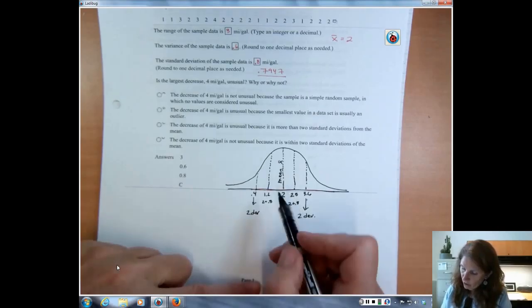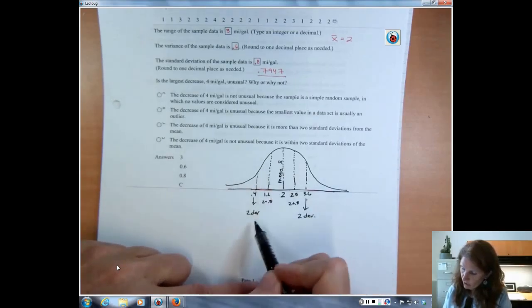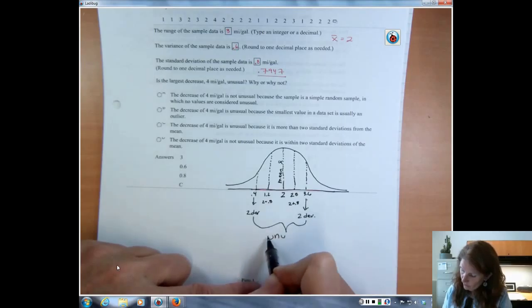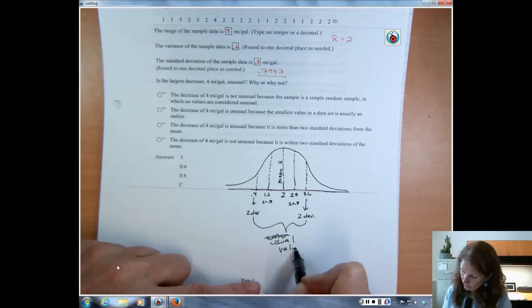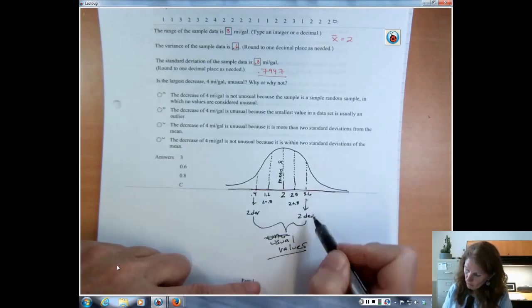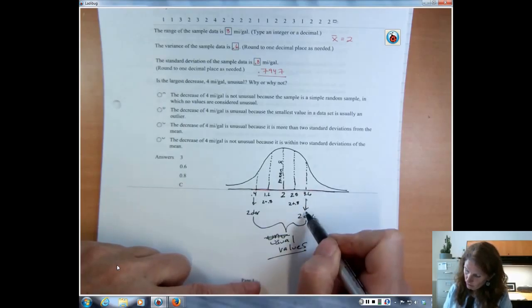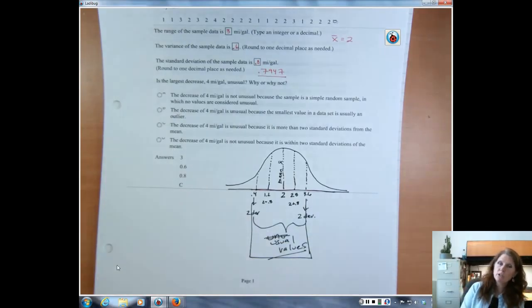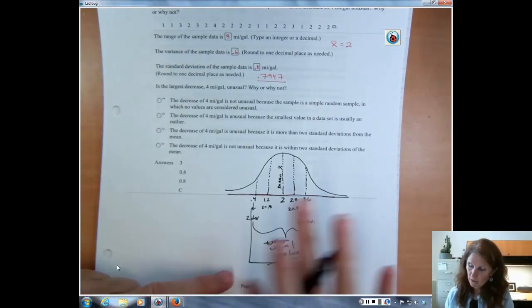When we fall between 2 standard deviations, either to the left or the right, we say that's the usual values, right? Anything between these 2 points are what we call usual values. 2 standard deviations to the left, 2 standard deviations to the right. My drawing is hideous. I almost feel like starting over, but I don't want to.